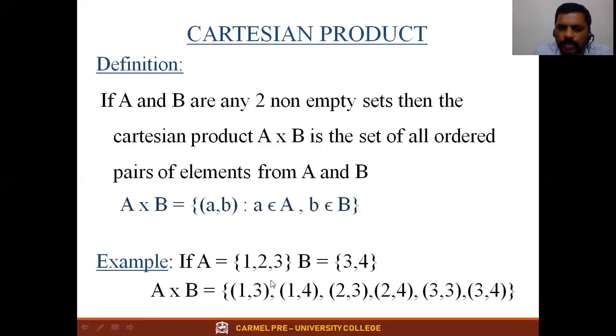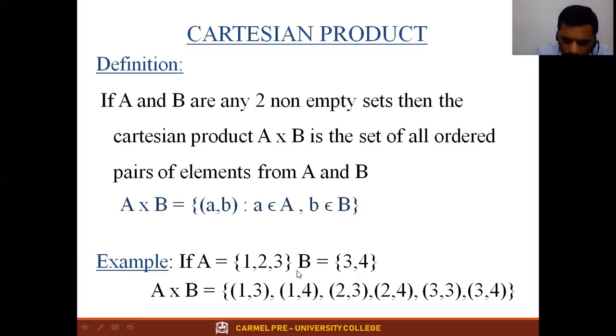So again 2 is paired with both the elements of set B. What is the last element left out in set A? It is 3, then (3, 3), then (3, 4). Now no element in set A is left out, no element in set B is left out. So what is A cross B for this example? It is (1, 3), (1, 4), (2, 3), (2, 4), (3, 3), (3, 4). This is the meaning of it.